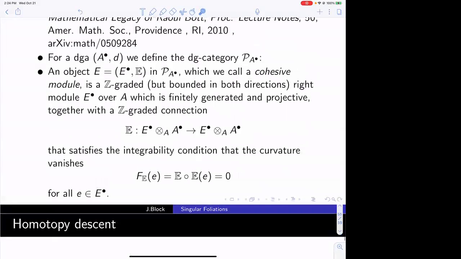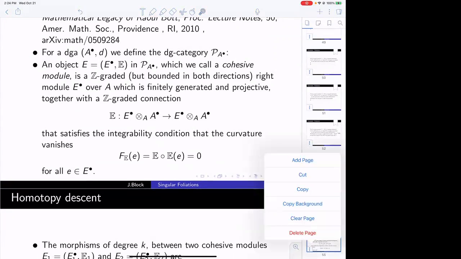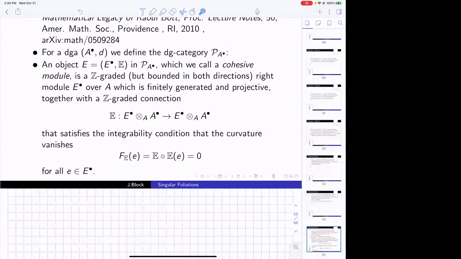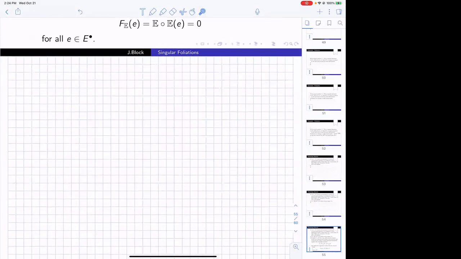For people who aren't familiar with what this might mean, I should probably write it down here. E is going to have terms of various degrees.